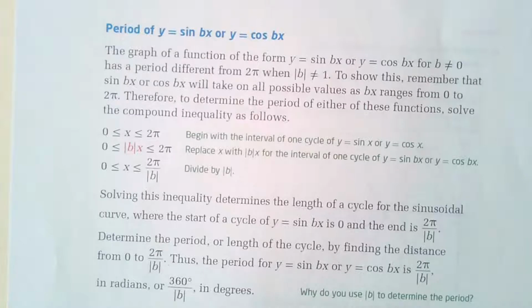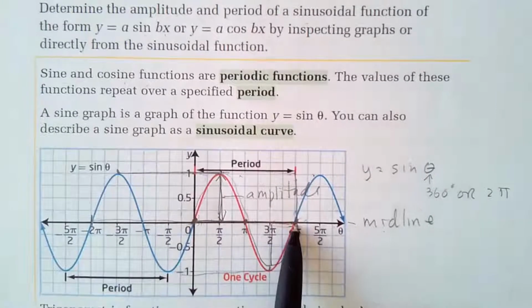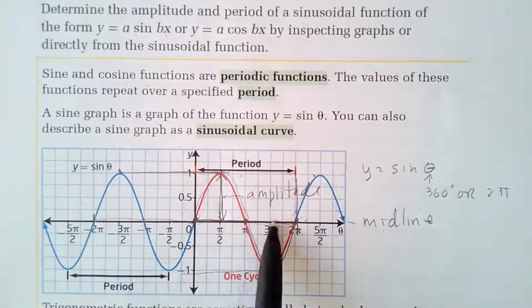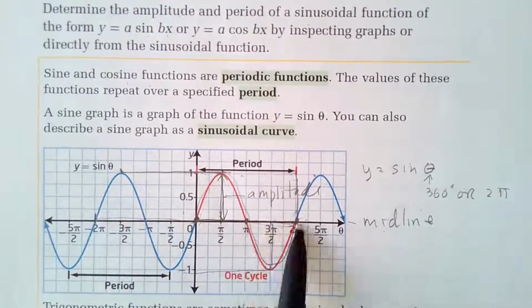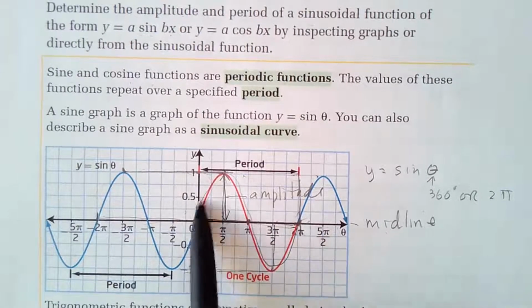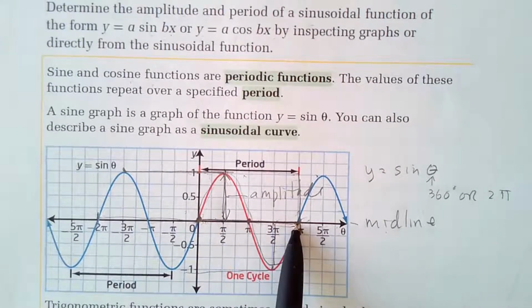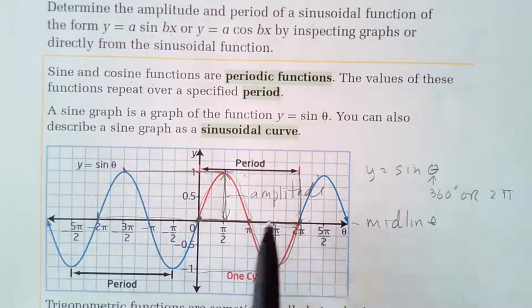The period, as we mentioned at the beginning, is the length of the interval of a domain over which the graph repeats itself. So we're looking at the length of that. In other words, how many repetitions do we have within 2 pi? If there's just one repetition here, we know the period is 1, but the length of the period would be 2 pi. So it may vary.